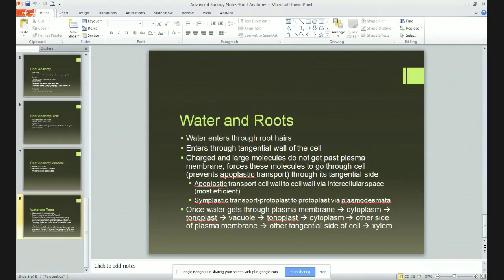Then it's going to go past the tonoplast, which is the membrane of your vacuole, through the vacuole, and then out the other side of the tonoplast, through the other side of the cytoplasm of that same cell, and through the other side of that plasma membrane. So we're going directly straight through. You can visualize that.